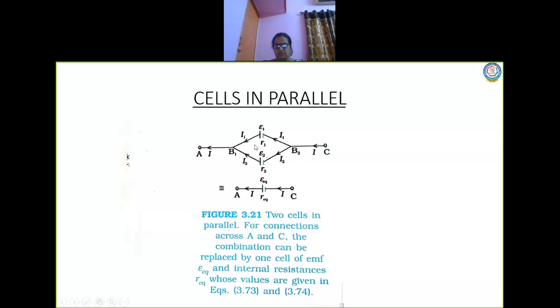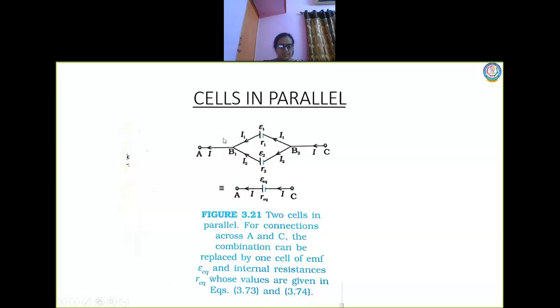These two cells are connected like this, and you need to find out the potential difference across the ends A and C. I1 and I2 are the currents, and they are leaving the positive electrodes, the currents coming out from the positive electrodes of the cells.